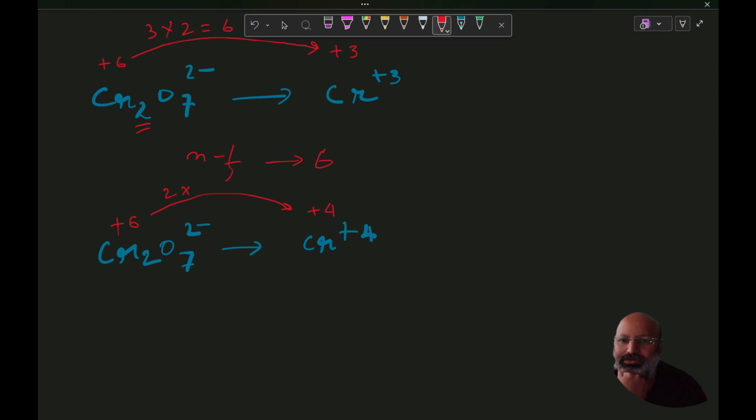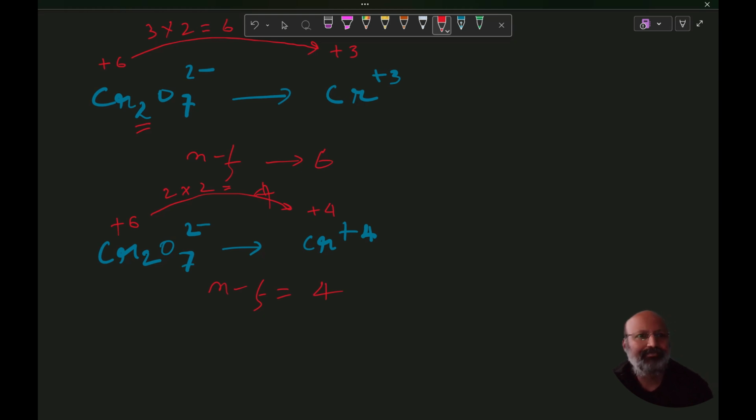For 2 atoms, it will be 4. So in the second case, n factor is coming out to be 4. So you cannot say the n factor of potassium dichromate will always be 6. Mostly it is 6 because this reaction is famous. It happens in acidic medium, but it can be some other value as well, depending upon which oxidation state it is converting into.